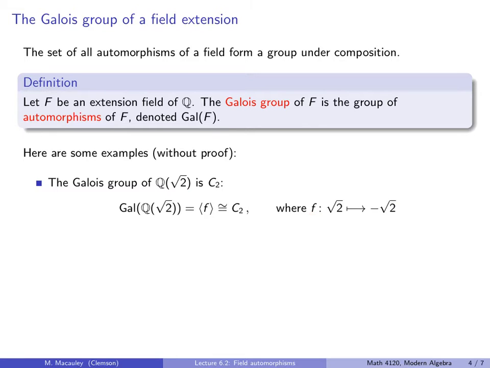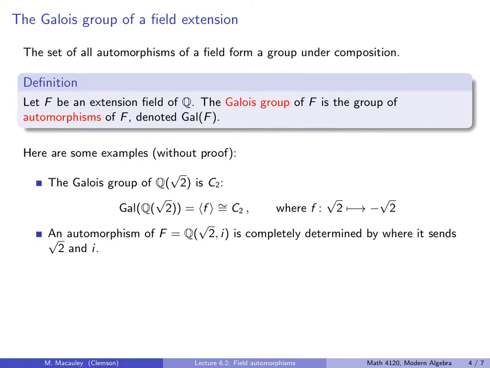So you can define F as the mapping that sends root 2 to negative root 2. And in fact, these are the only two automorphisms of this field. A little bit of a trick question. So the Galois group has two automorphisms, so it has to be isomorphic to the only group of order 2, namely C2.